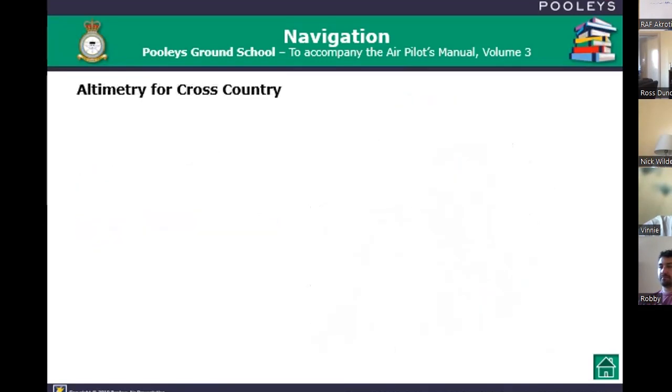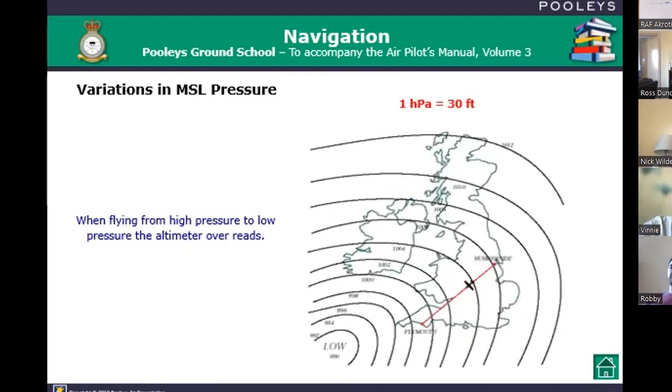So now we've already said that the pressure can change quite substantially when we're dealing in a frontal system. So what happens if we don't change the altimeter?